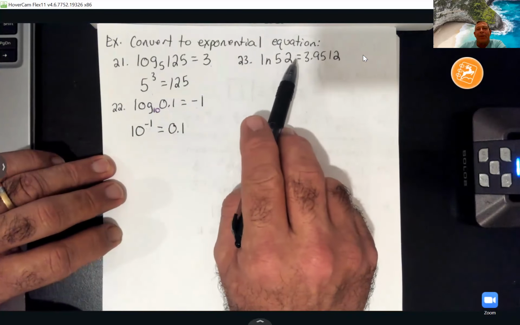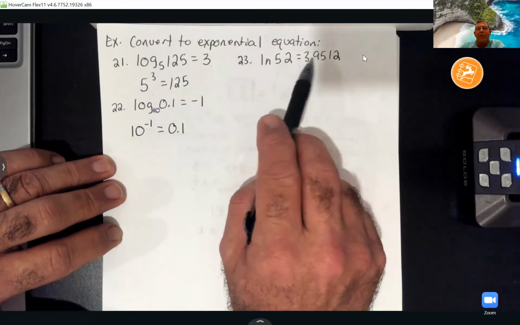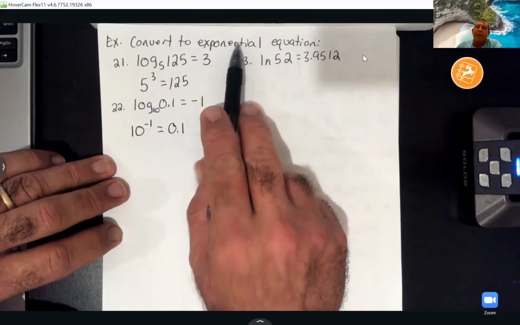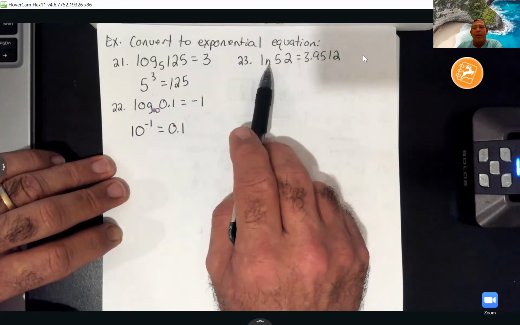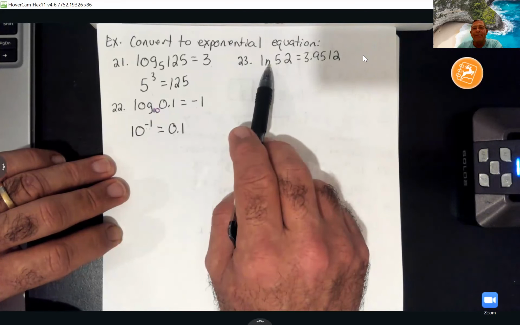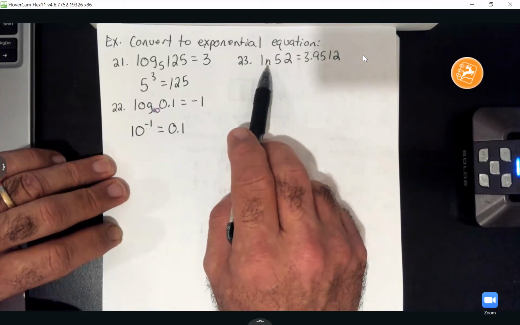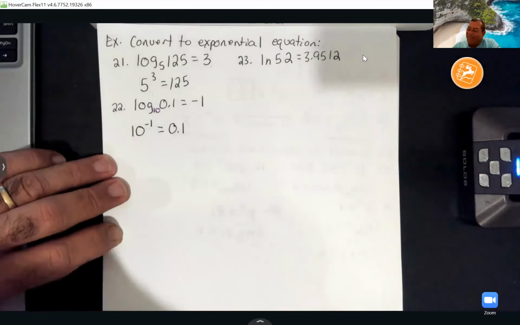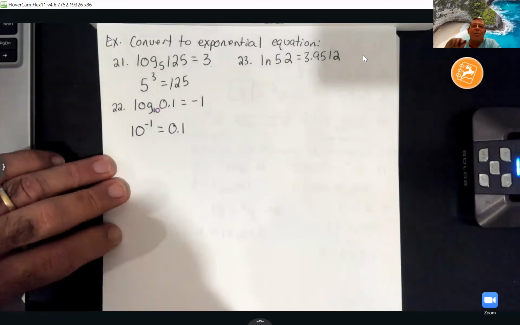So I'm going to ask y'all this. ln of 52 equals 3.9512. I'm going to rewrite it as exponential, but oh no, I don't know the base. Is it gonna be 10? Well, not a 10. ln is the log base what?